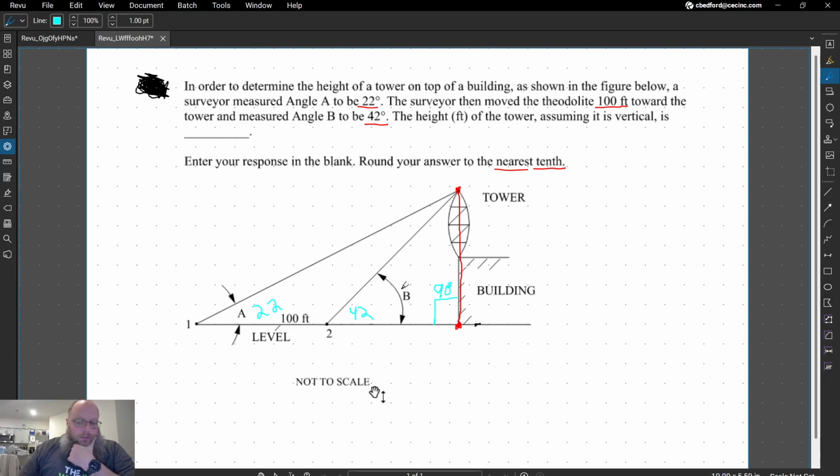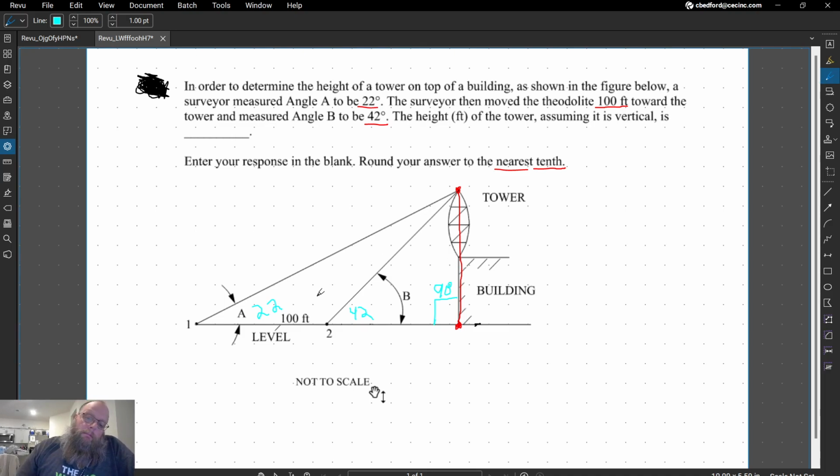All I have is two angles. Over here, I have a distance and an angle. So I can start by trying to find this distance. Then I'll have what I need over here in this right triangle to calculate this line.